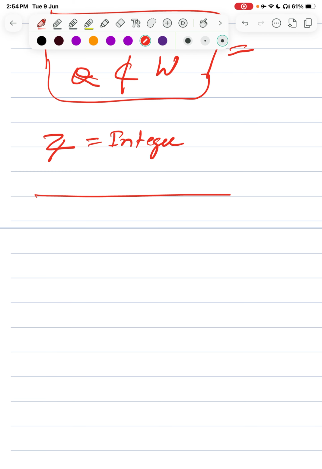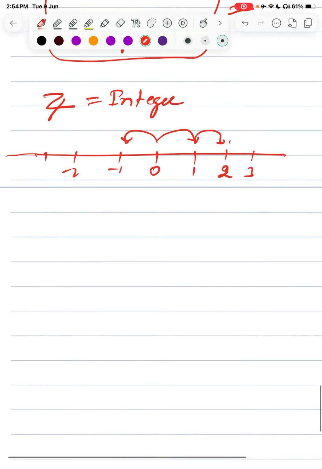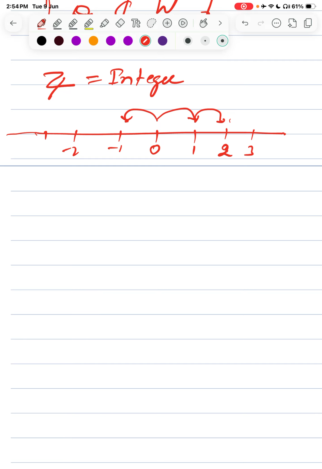So in integers what you have observed is that you start with 0, you can go in the right direction, you can go in the left direction, numbers are everywhere like this, but there are jumps. From 0 you will go to -1, from 0 you can go to 1, then 2, then 3, and so on. Again, in the same scenario, you can write each number as -2 by 1, -1 by 1, 1 by 1.